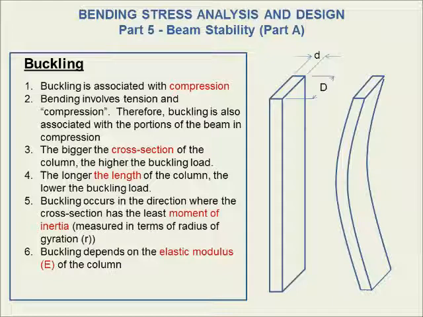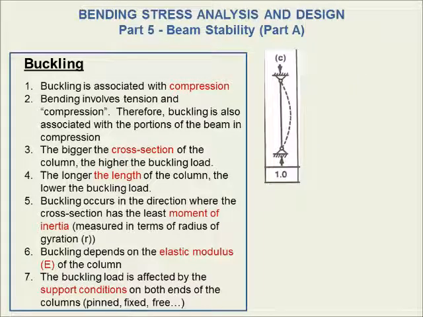The 7th and final parameter that affects the buckling load of a column is not very intuitive, and it has to do with the support conditions at both ends of the column. And by support conditions, I mean, is it pinned, i.e. free to rotate at the support locations, or is it fixed, held in a vice grip and not free to rotate and not free to translate either at the support locations, or is it free at one of the support locations, right?